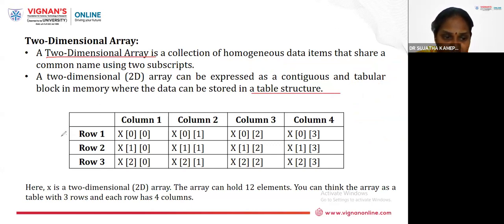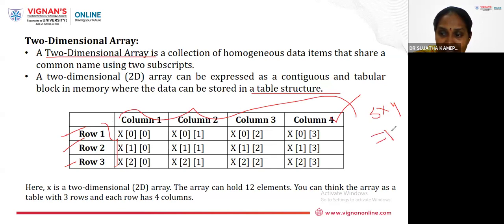Whatever lines we write horizontally are called rows. Whatever lines we write vertically are called columns. So totally 3 rows are there and 4 columns are there. So it can store 12 elements.